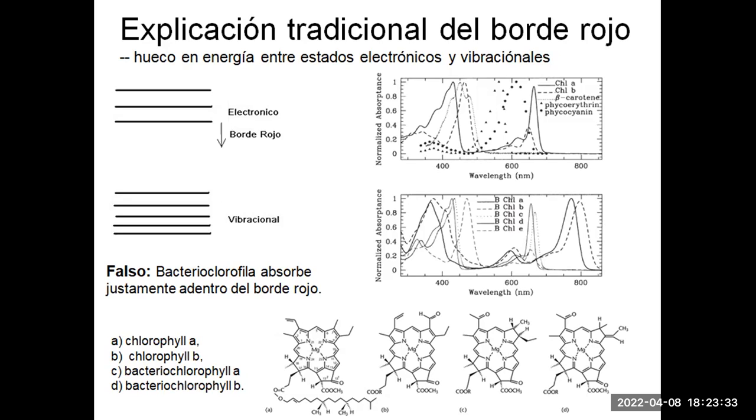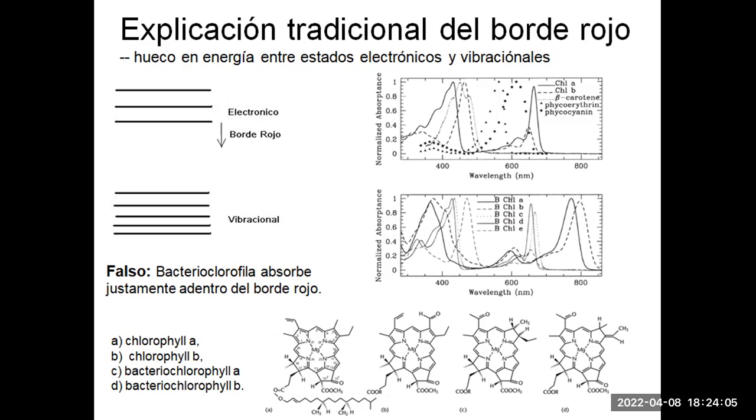I've lost my pointer again, so I can't point to it, but you can see on the diagram on the left-hand side that we have these electronic states, the excited states, and then we have the vibrational states superimposed on the ground state. So they're suggesting that there are no electronic states which lie between these vibrational states and the first excited electronic state. But in fact, we know that's not true.